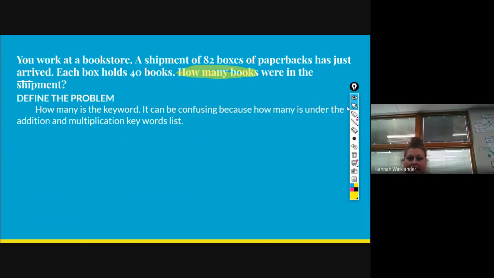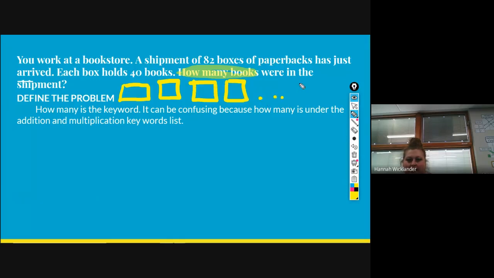So I'm going to draw a sketch for this one to help it make more sense if I'm going to decide to use multiplication or addition. So I have 40 books per box. And so I have 82 of these boxes. I'm not going to draw 82, but that's just an example.